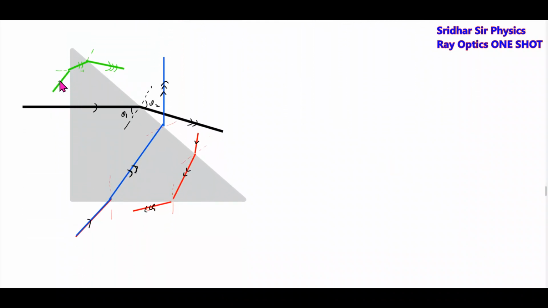Now we'll discuss some cases. If a ray of light is incident on this normal face, then it moves from rarer to denser medium, so here it will undergo refraction. Then again it will encounter the boundary and undergo further refraction. If a ray is incident normally on this face, then no refraction here, then refraction occurs here and the ray emerges.